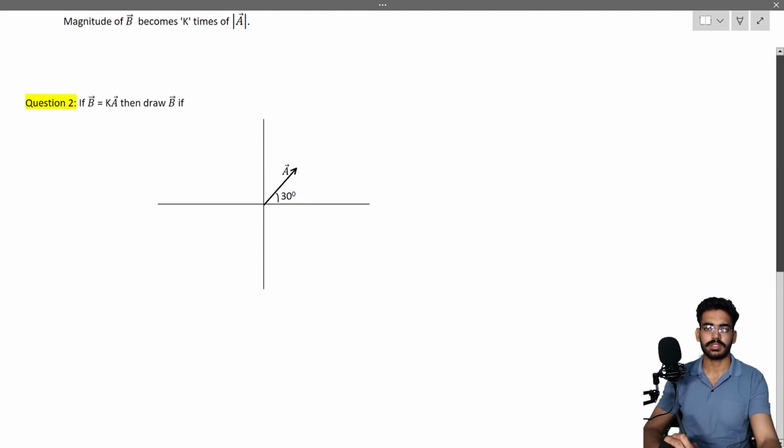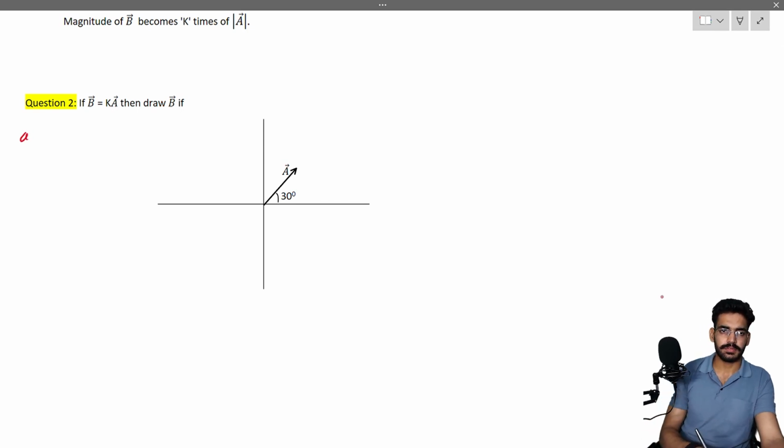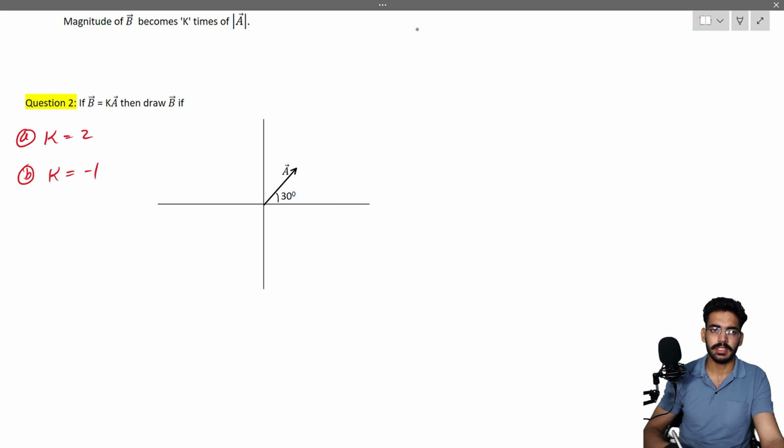Now let's do a question on that. Let me complete the question for you. Part a asks if k equals 2, and part b asks if k equals minus 1. How do we answer this? If this is the a vector and you multiply it by 2, your vector will be in the same direction but with twice the magnitude.